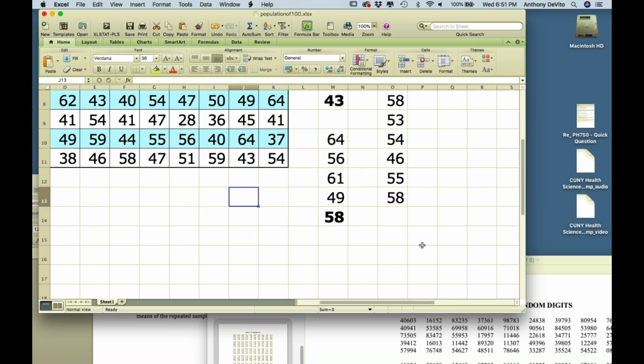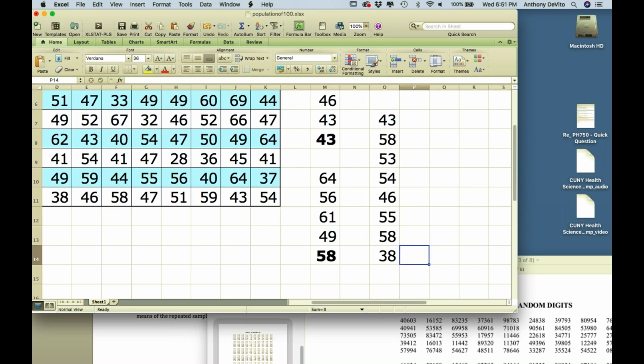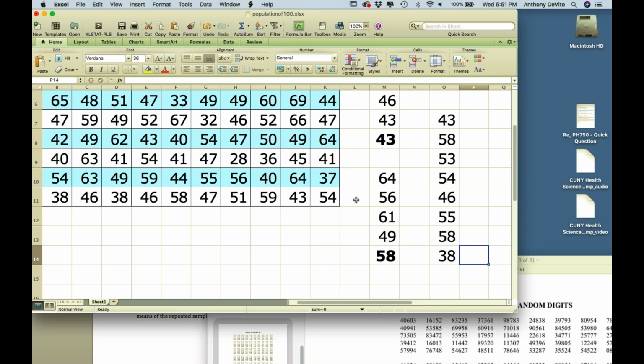Okay, 38.5. I'm going to call that 38. I was rounding down another one, so might as well. Okay, I'm going to take what I got. All right, so now these numbers represent my population.